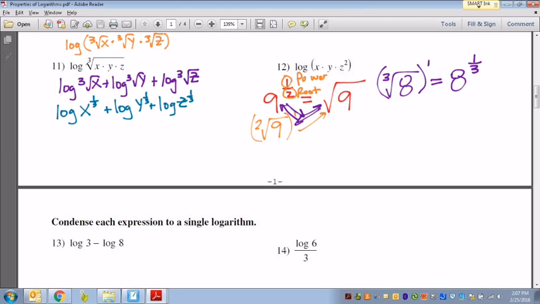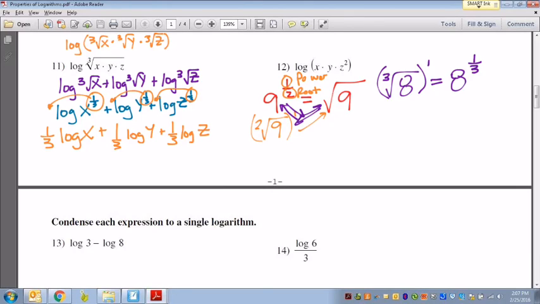So you have all those expressions, and then, like we've already discussed, you can move the exponents to the front of the logarithms. So it would be 1/3 log x plus 1/3 log y plus 1/3 log z. You have to branch way back into your knowledge of rational exponents in order to know how to do this.